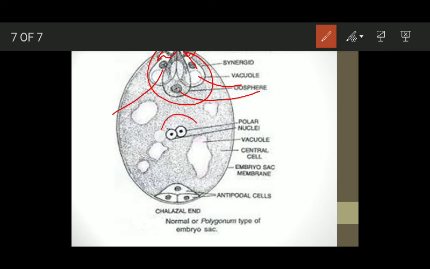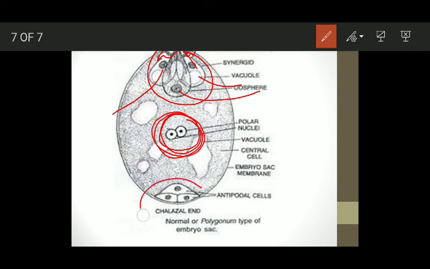Right in the middle, we have 2 nuclei which are known as secondary polar nuclei. These are present in a single cell, and just before fertilization, they fuse with each other and form a single diploid nucleus, which is known as the definitive nucleus.